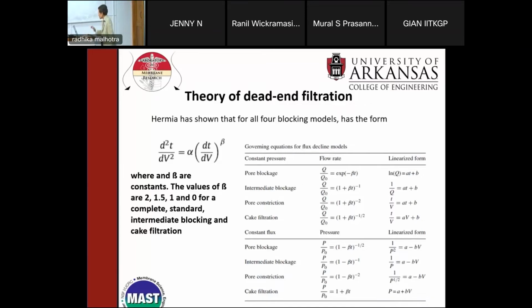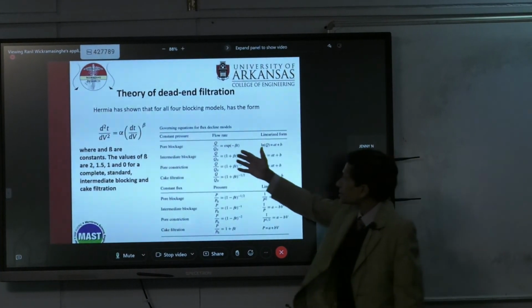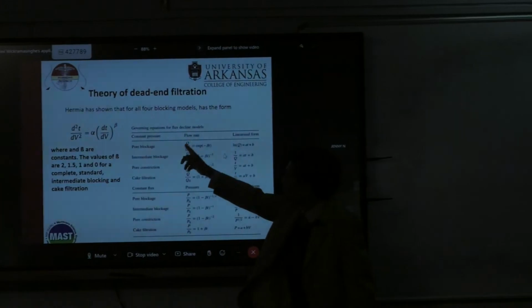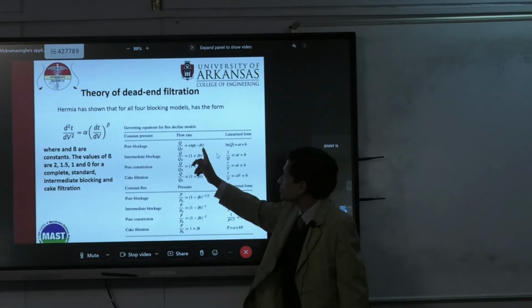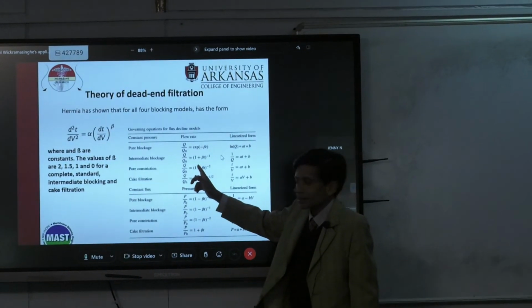So the blocking models can be done both for constant pressure and for constant flux. Okay? So depending on what mode you have, these blocking models are kind of interesting. If it's constant pressure, you can put Q versus Q naught on your y-axis. Your x-axis can be time. You do a log linear plot, and you'll get your value of beta coming out of it.